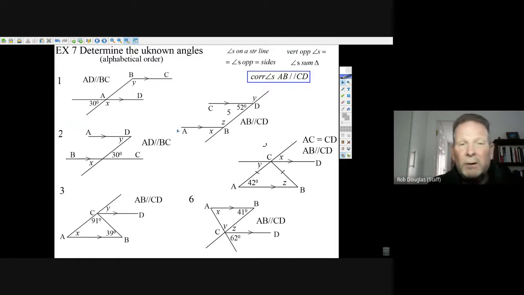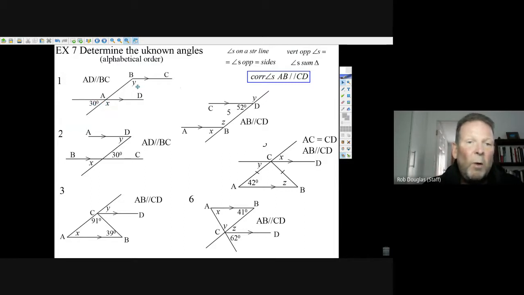But what I want you to do it in a special way. So for example, this one here, I want you to do it in alphabetical order. X, then Y, then Z if there's three angles. So to find X, you've got to use this straight line here. You have to use the angles in a straight line to be able to get at what X is.